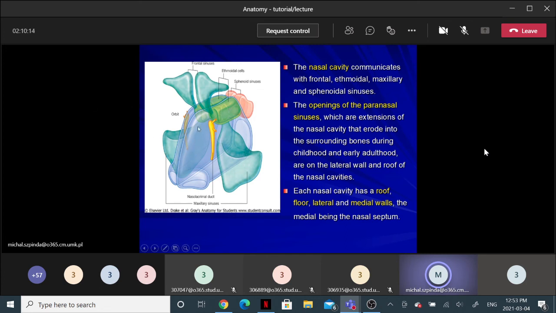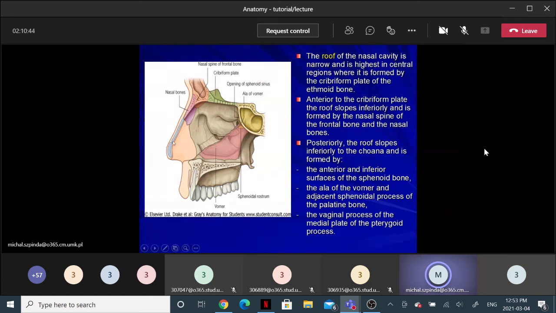Most sinuses empty into the middle nasal meatus. So we have two frontal sinuses, ethmoidal cells separated into anterior, middle, and posterior cells, two sphenoidal sinuses, and the biggest, two maxillary sinuses.